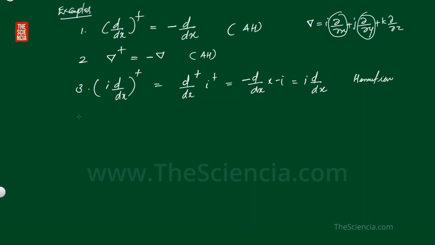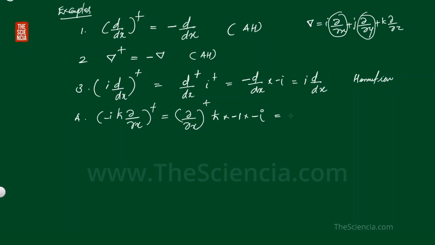Now we can take our momentum operator, that is minus i h cross dou by dou x dagger. What will we get? Again, we have to take d by dx dagger, and here h cross is a constant value, so you can take it at any position, no problem, into minus i dagger. Now we take the dagger of i, that is the complex conjugate of i, that is minus i.